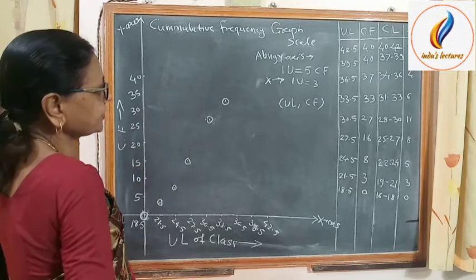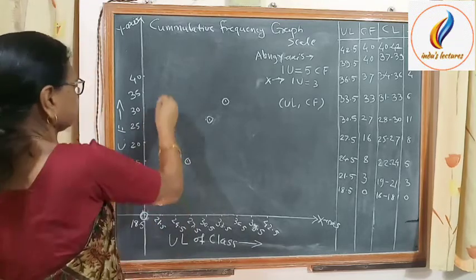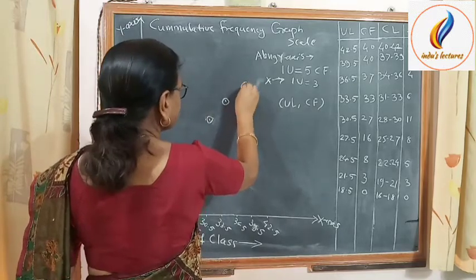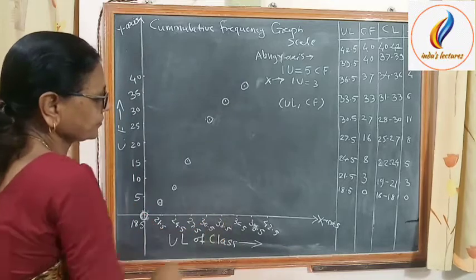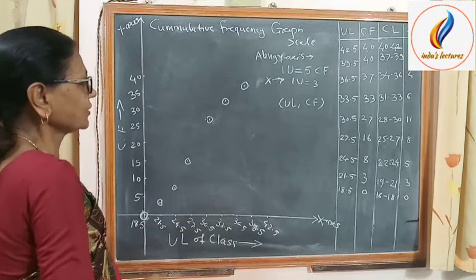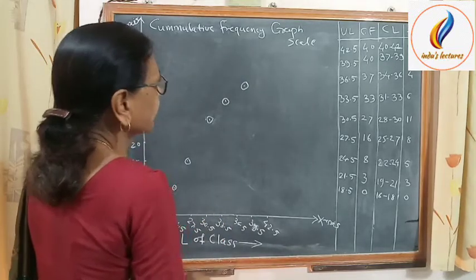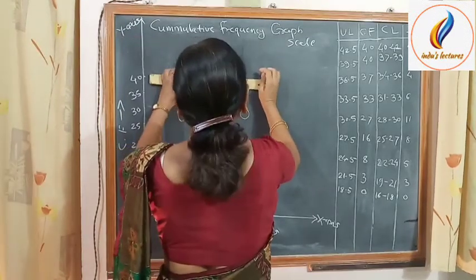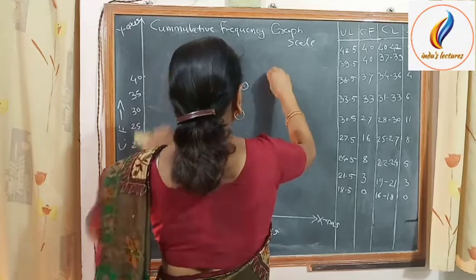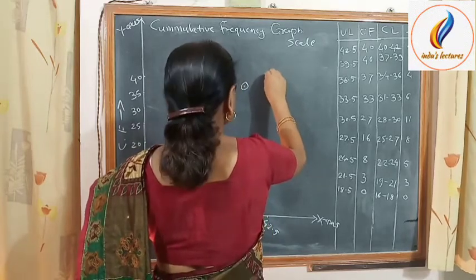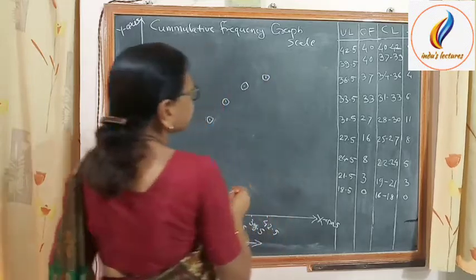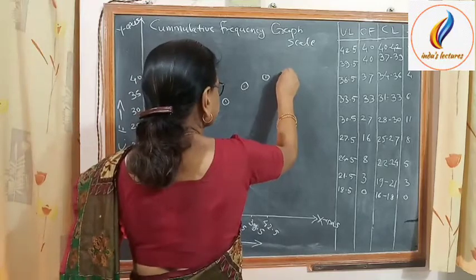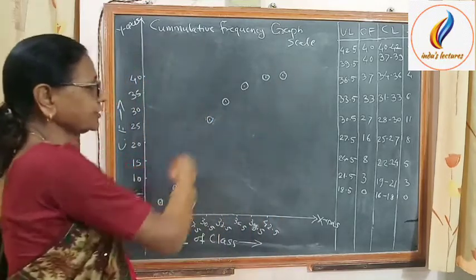The next point is 36.5 comma 37. Then 39.5 comma 40. And the last one is 42.5 comma 40. Now join these points by straight lines.